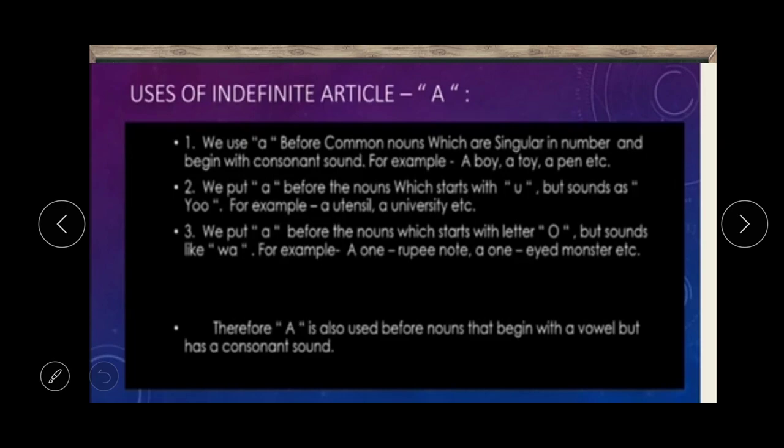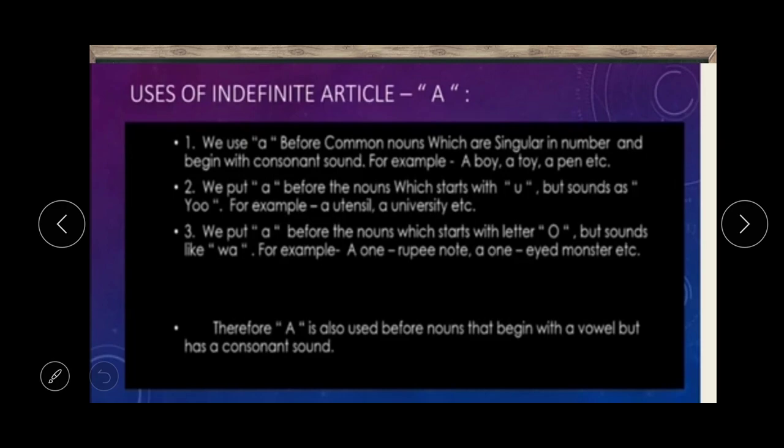Now, number 3. We put a before the nouns which start with o but sound like wa. Say for example, a one rupee note, a one-eyed monster, etc. Suppose students, let me take one of the words that starts with o, and it is orange. In orange, the first letter is pronounced as o. Generally if a word starts with o, then it sounds like o.